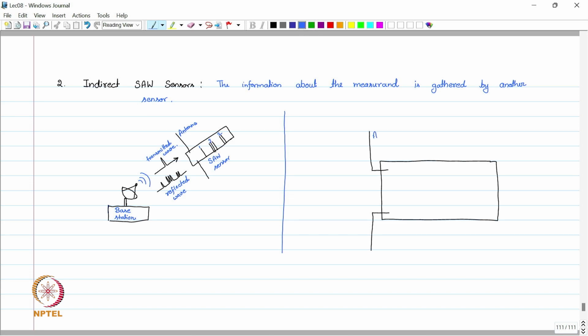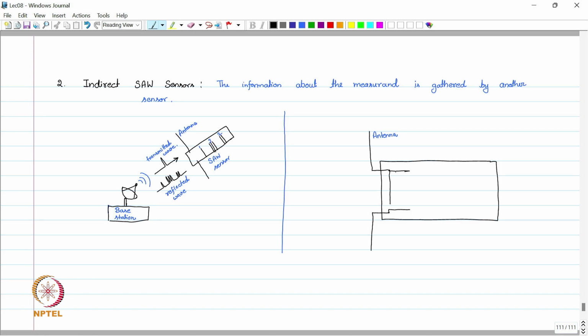These are antennas, and these antennas convert the signal to an electrical signal, which is applied to these IDT structures.